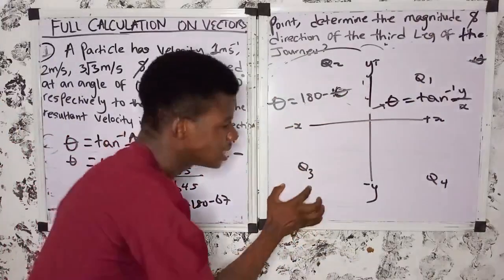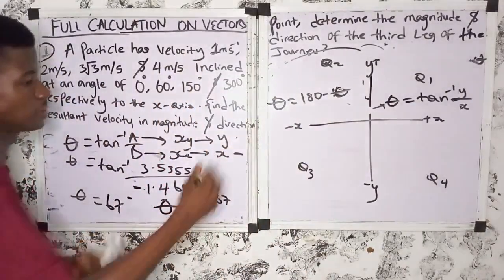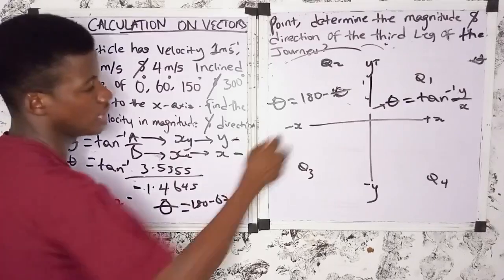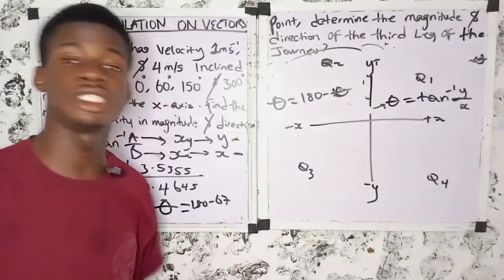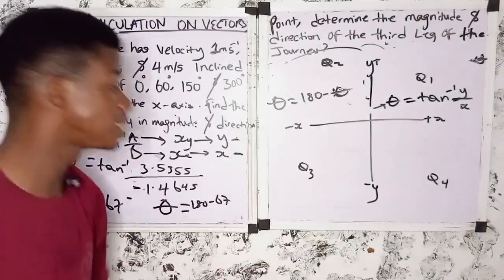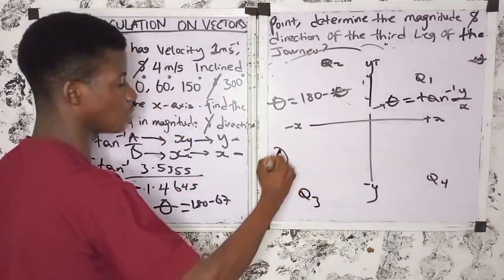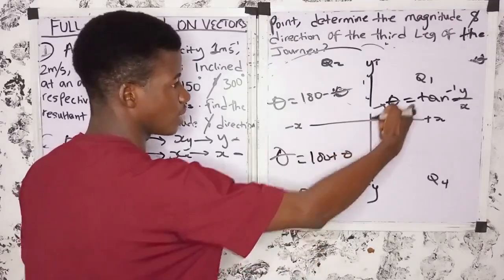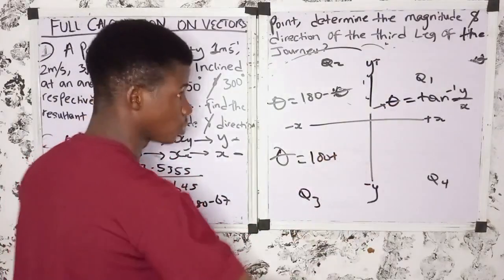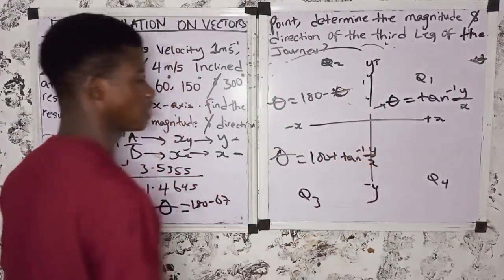Now, what if in the question your y is negative and your x is negative? That says the angle lies in the third quadrant. The formula is that the angle we are looking for equals 180 plus inverse tan y over x.